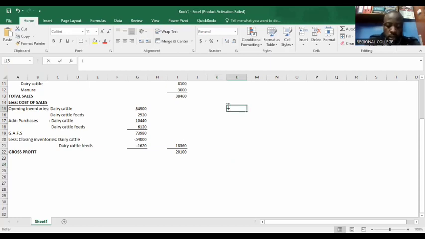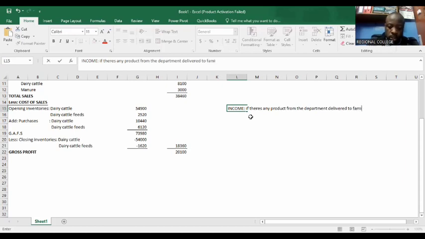So the first incomes you can check: if there is any product from the department delivered to family relatives, it's like they are selling to them. So that will be an income.